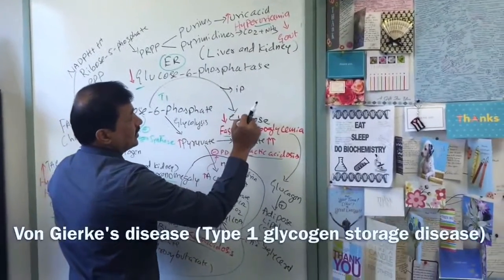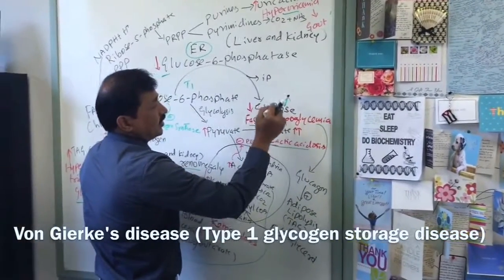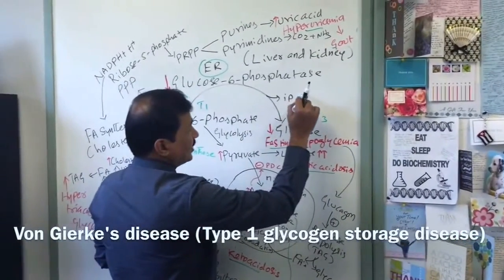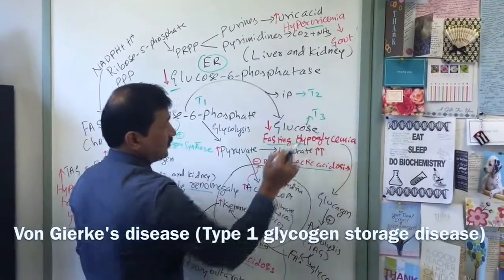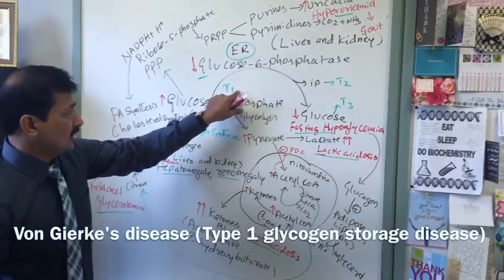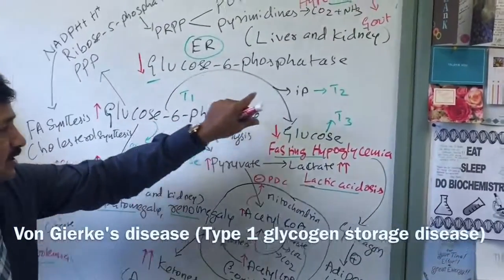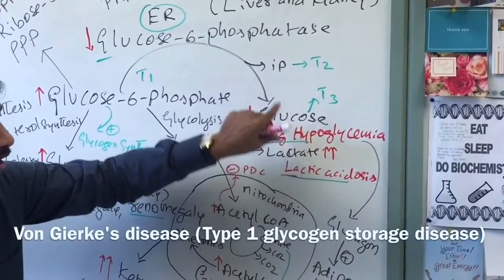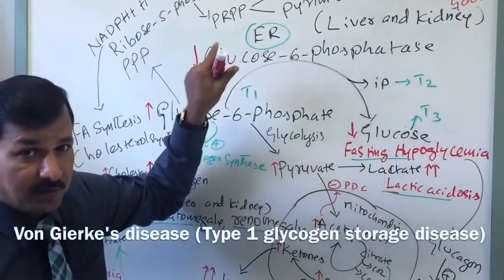Glucose comes out of the endoplasmic reticulum through the T3 transporter, and inorganic phosphate uses the T2 transporter. So T1 transporter for glucose 6-phosphate, T2 transporter for inorganic phosphate, T3 transporter for glucose. All of them are in the endoplasmic reticular membrane.